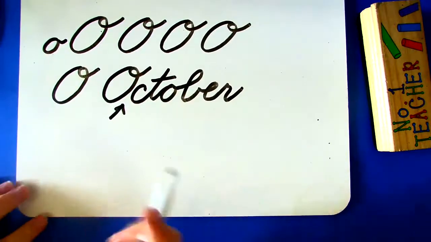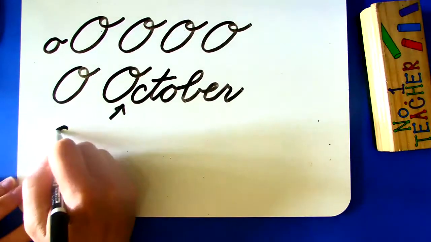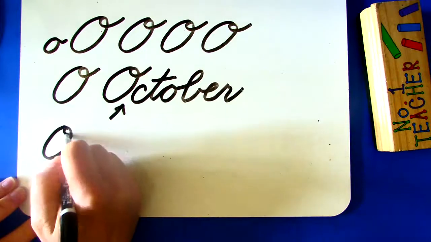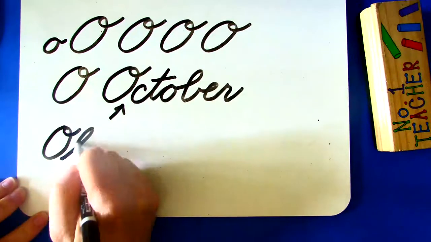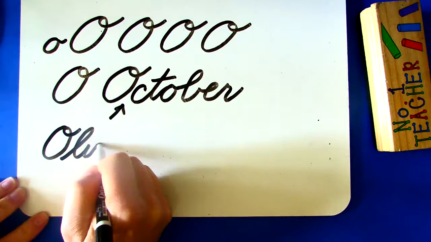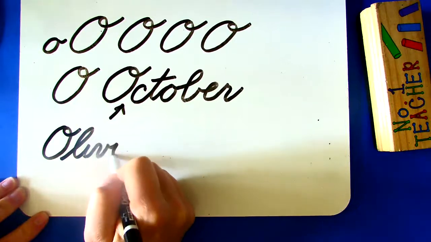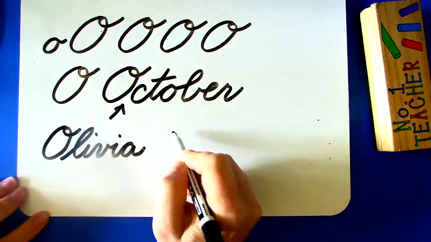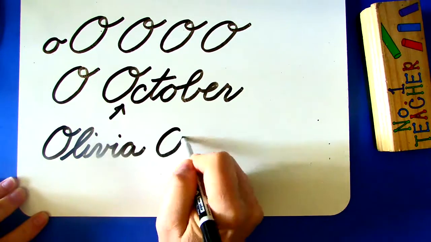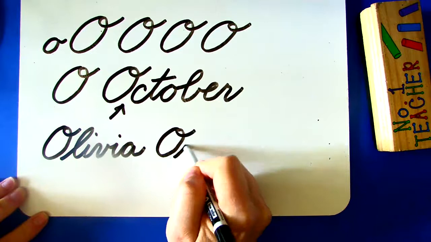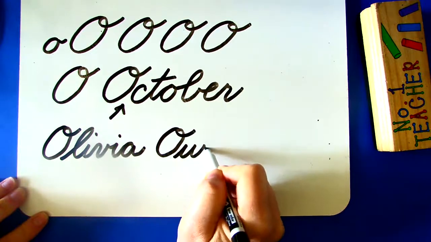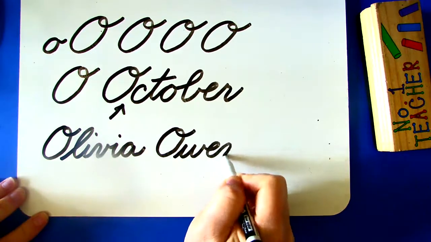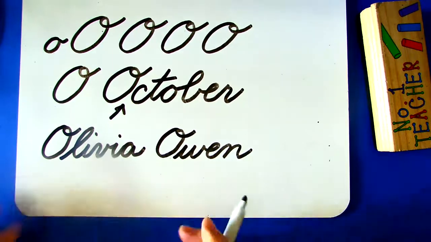Maybe a third grader in one of the other classes has an O name like Olivia. Or Owen. These begin with capital O as well.